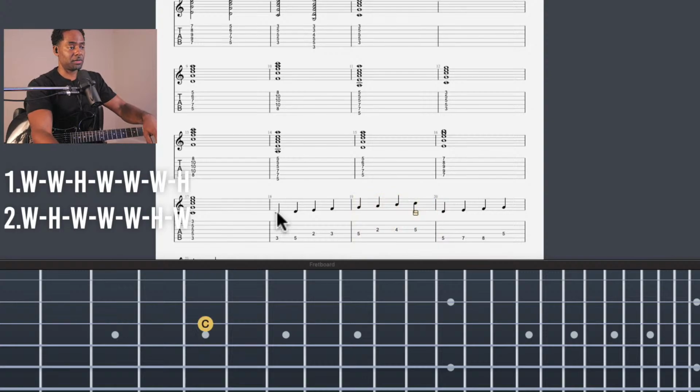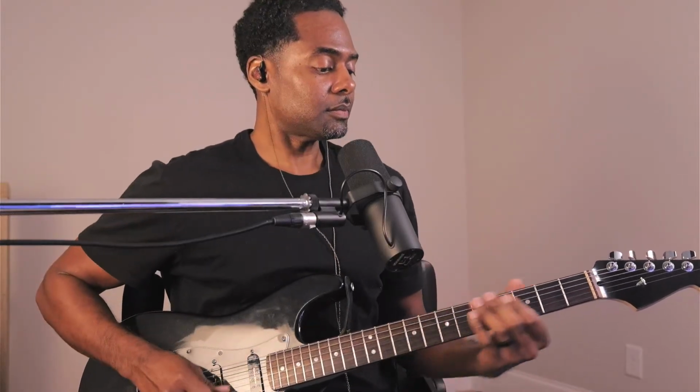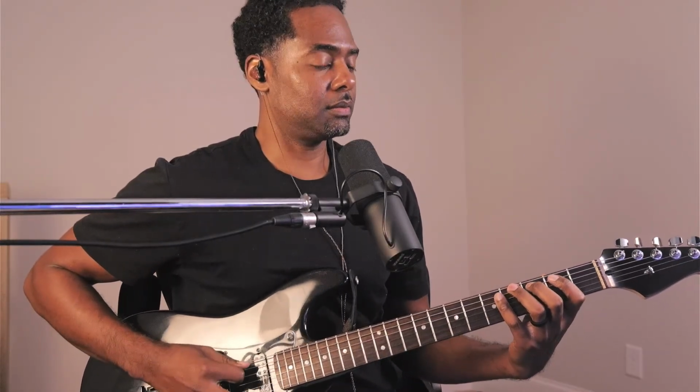Same intervals, they're just on different strings. Now, when you play that scale, keep this in mind. Please keep this in mind, and don't overcomplicate this concept, if you want to call it that. Here are the notes.